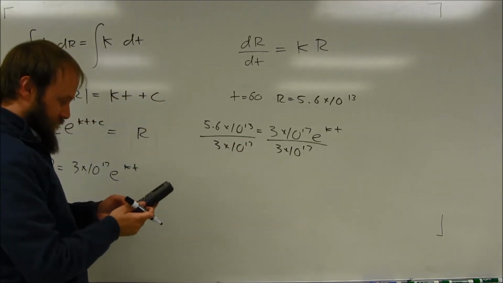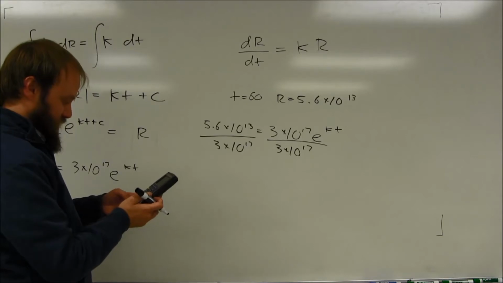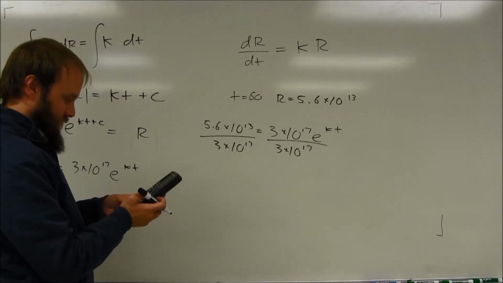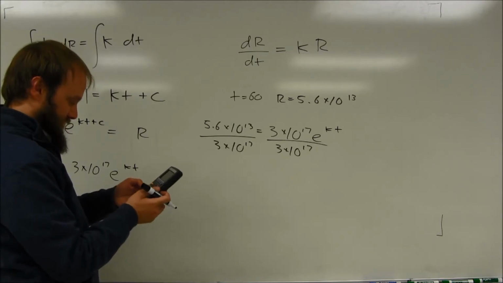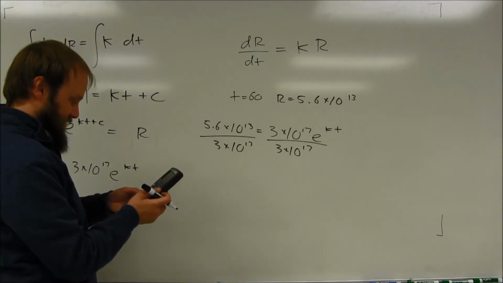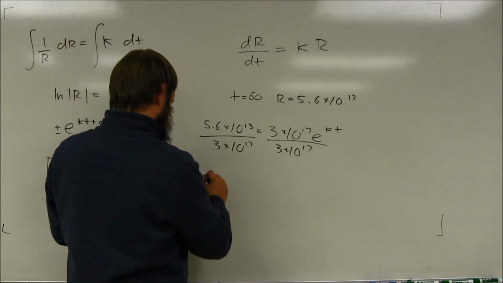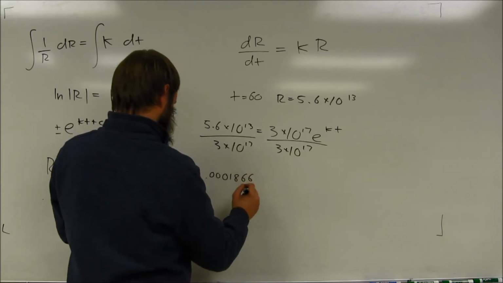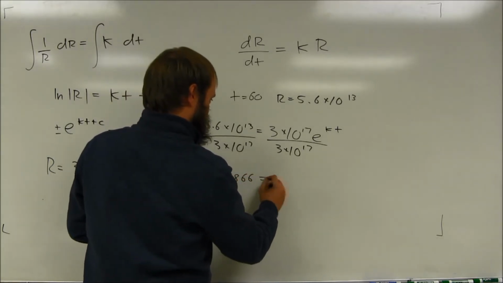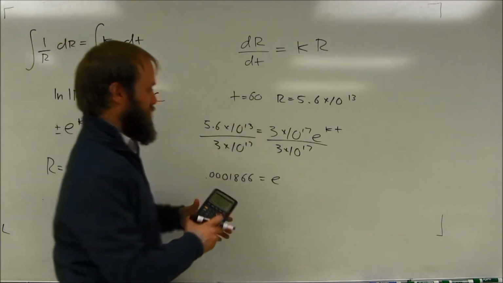Okay, so that's going to be 5.6 times 10 to the 13th, divided by 3 times 10 to the 17th power. That's going to be approximately 0.000186 repeating equals e to the, and I need to watch it here, I forgot to substitute in my 60.